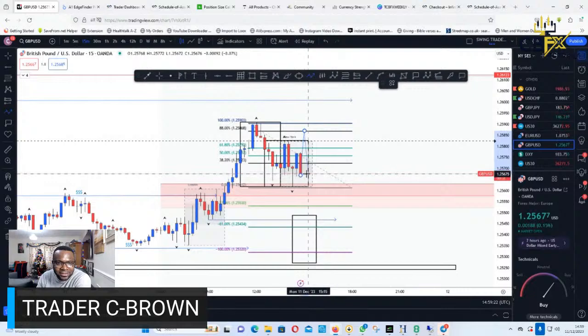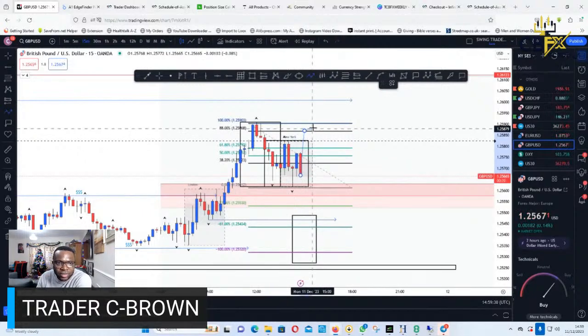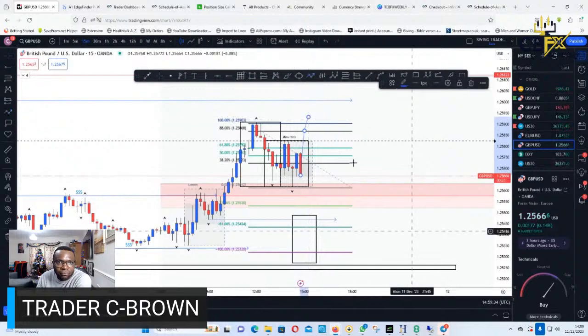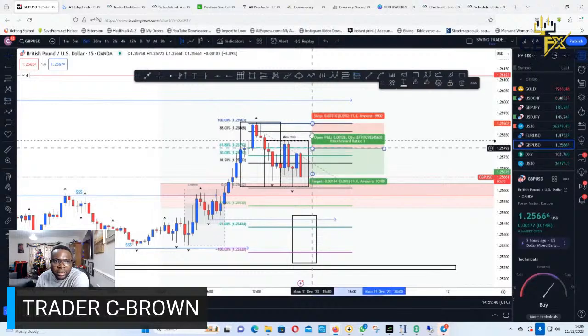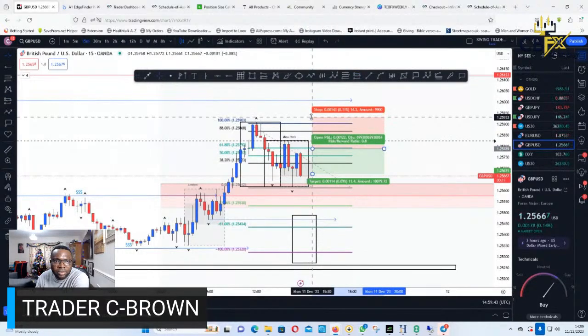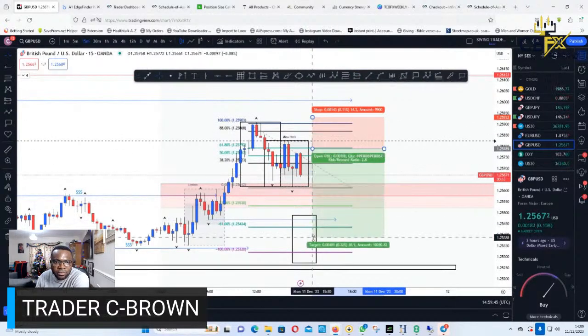But right now it's still going below what I expect. So I might be looking for a test into the 61. Then we'll get an entry. We'll put our stop loss above here, which is fine. To short, price comes back here, we put our stop loss there, like 15 pips, and target this low. 1 to 2 is fine.